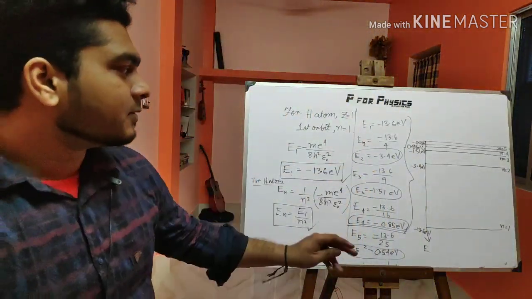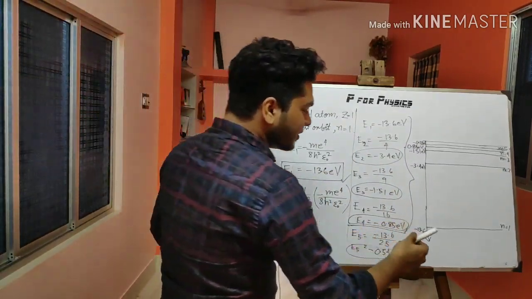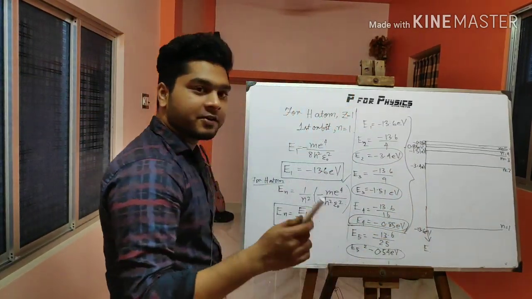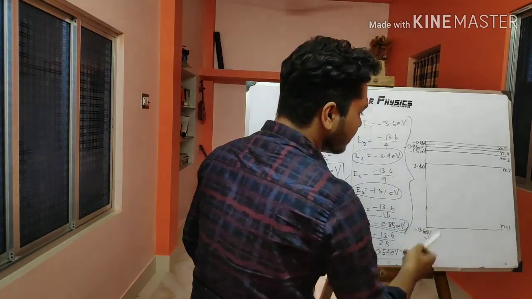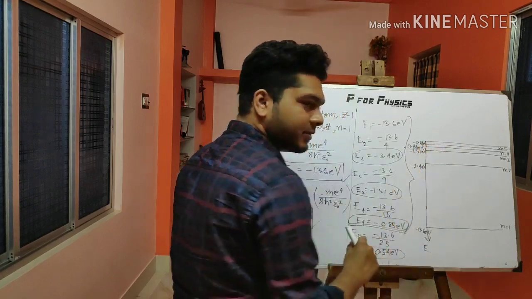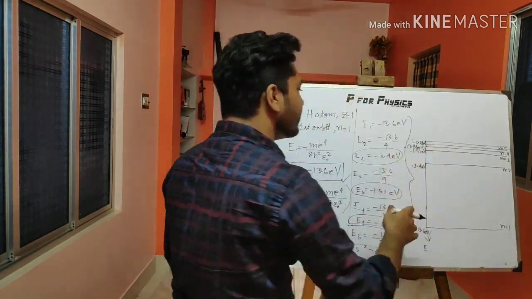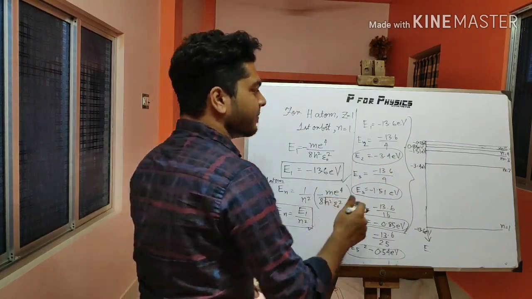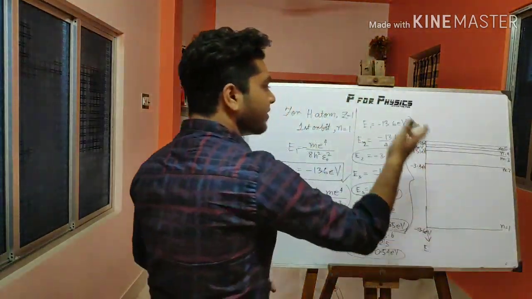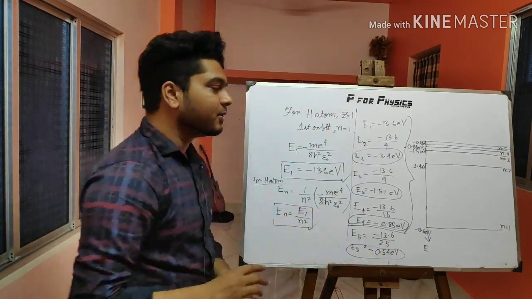Now look at this one thing carefully. The gap between the first and the second energy levels is huge, and then the second and the third level, it has gotten down a little bit. Now from the third to fourth level, it has gone down even further. There is a very little gap, and as we go further up in the energy levels, the gap decreases and decreases.